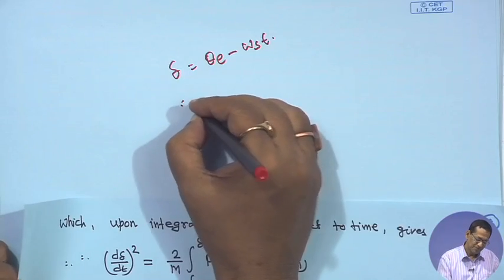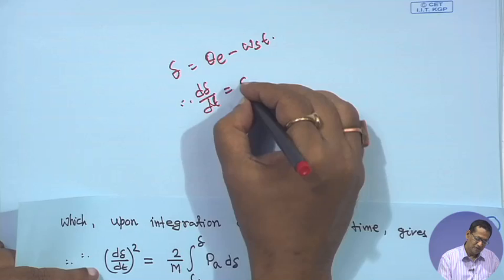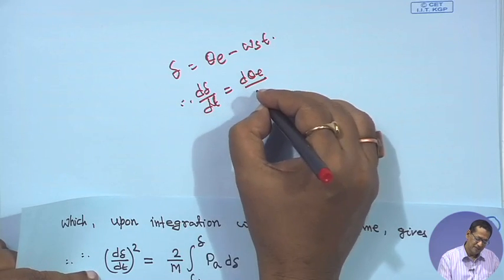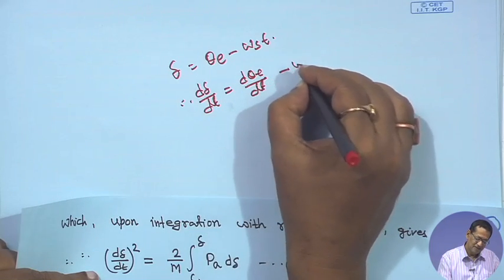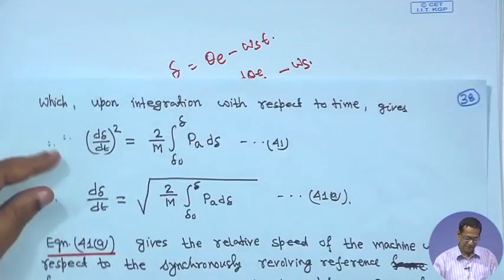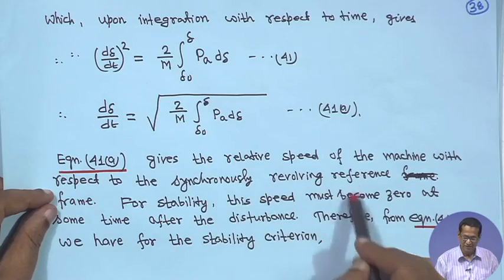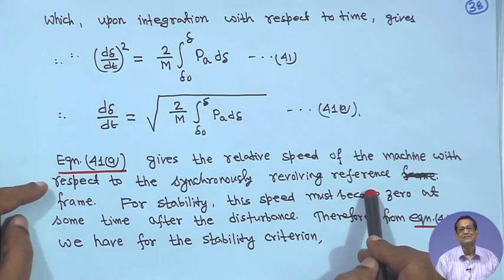That means dδ/dt is equal to dθe/dt minus ωs. So, the same thing, it gives the relative speed of the machine with respect to the synchronously revolving reference frame.